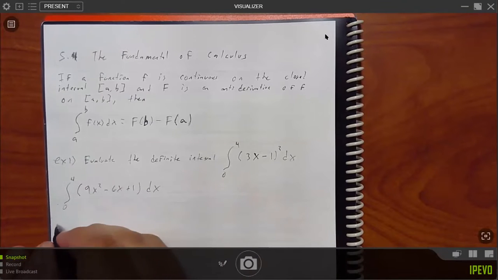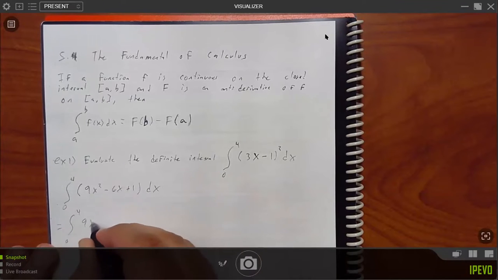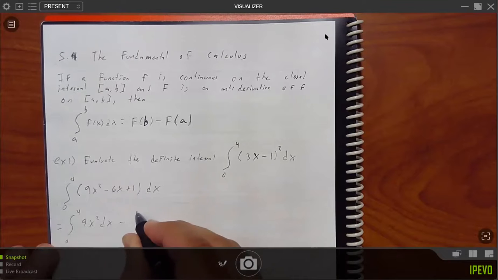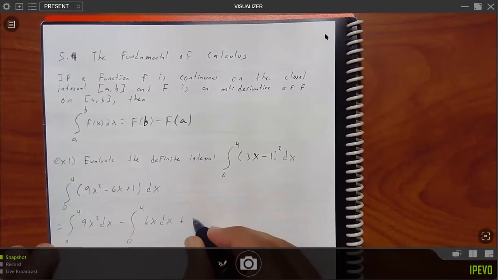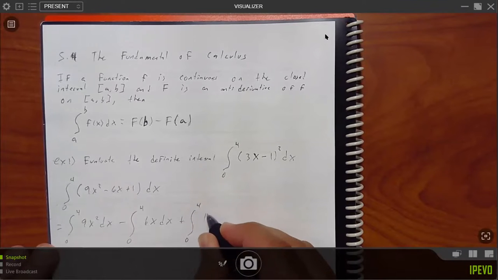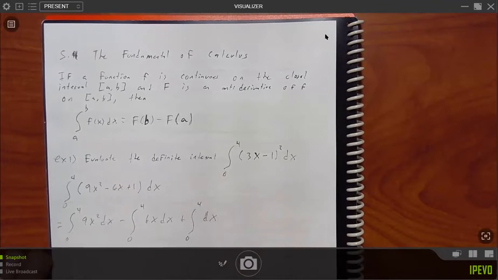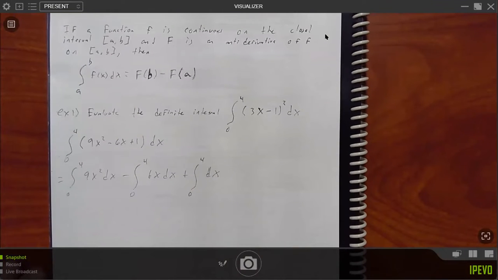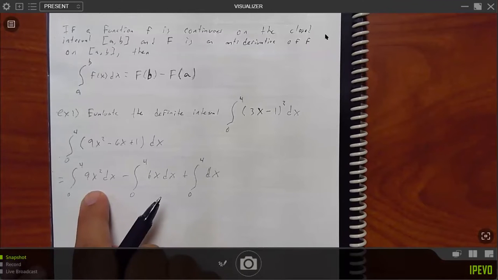Then we said that we can integrate each piece separately. Do you remember how to integrate these?